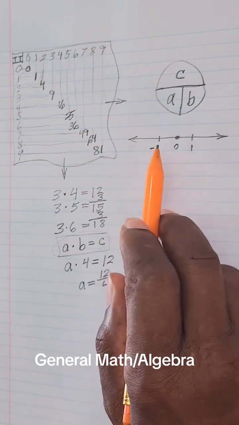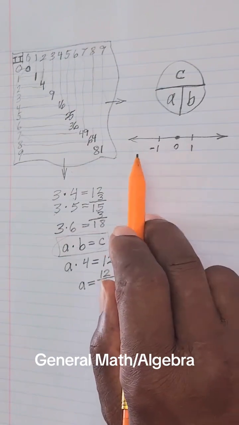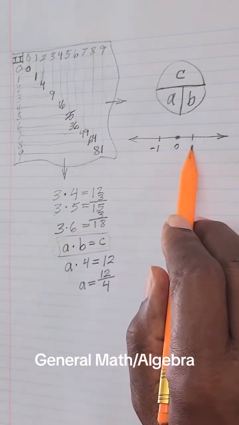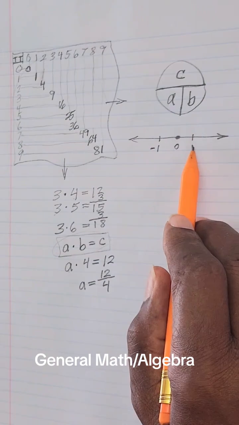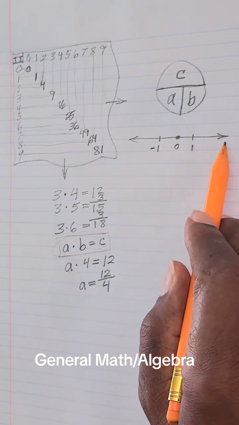That's all we do. And I'm not going to get into it much more than if you go 1, right, in this direction, that's adding, right? 1, 2, 3, 4, 5.